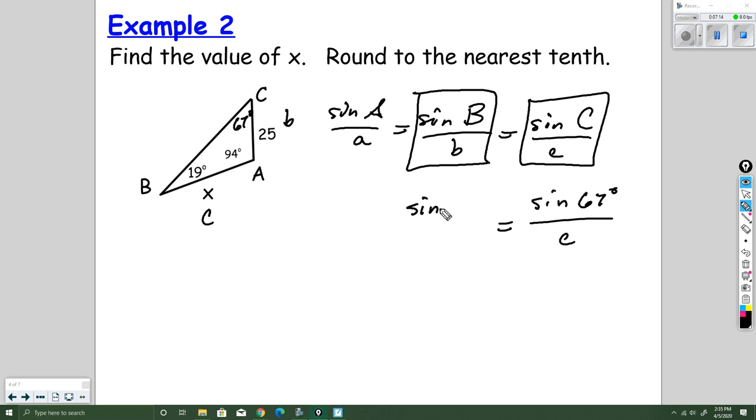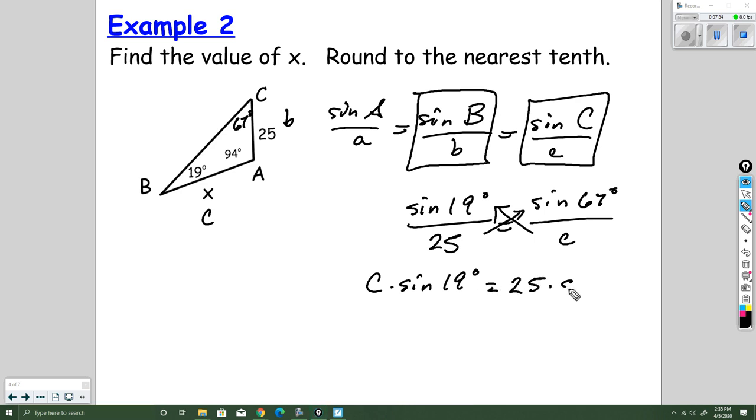We have to have an angle and its opposite side in order to use law of sines, or we have to be able to figure out an angle on its opposite side. We're solving for C here, so we're going to cross multiply. That gives us C times sine of 19 degrees equals 25 times sine of 67 degrees.